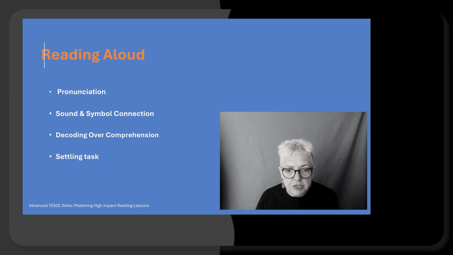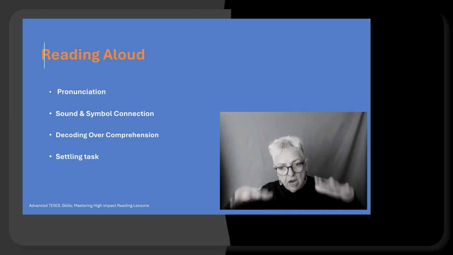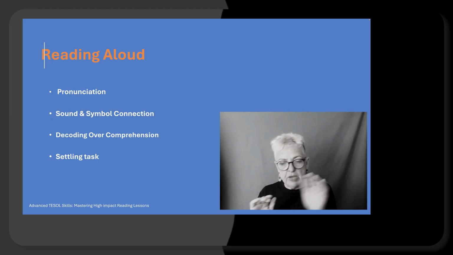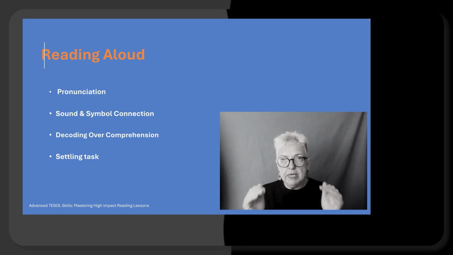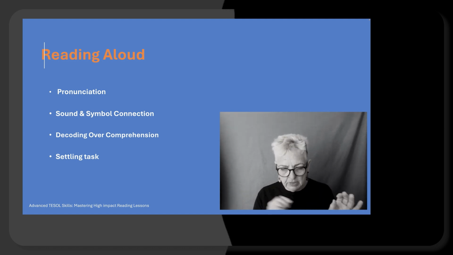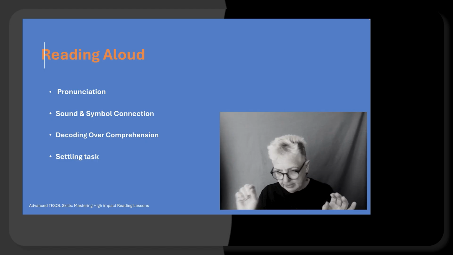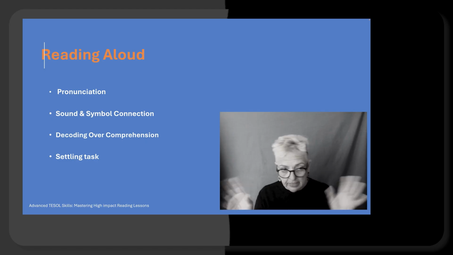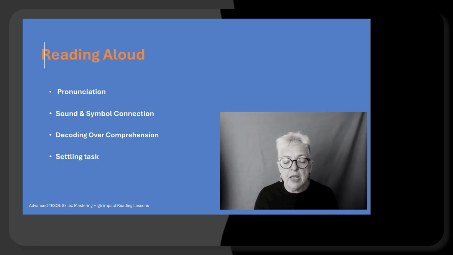Particularly with young students, younger learners, it can be a settling task. So if they've just come bouncing around from a big fluency task, it can be quite a good idea to calm everybody down with a little bit of going round a reading, because while student A is reading aloud, you can guarantee student B, C and D are all thinking, okay, that's my bit, and they're preparing.